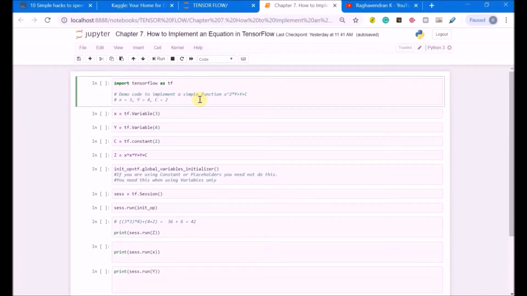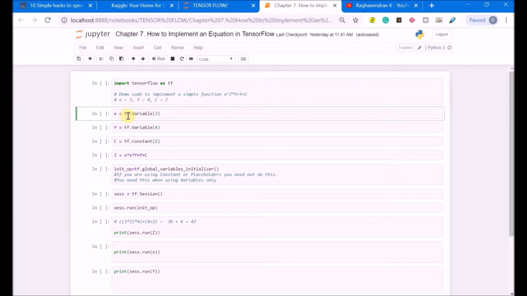Hello everyone and welcome to the 7th chapter of phase 2, that is programming with TensorFlow. Today, we're going to learn how to implement an equation in TensorFlow. What we're going to do is, as usual, we're going to import TensorFlow as TF, and the function that we are going to work on is x squared into y plus a constant c.